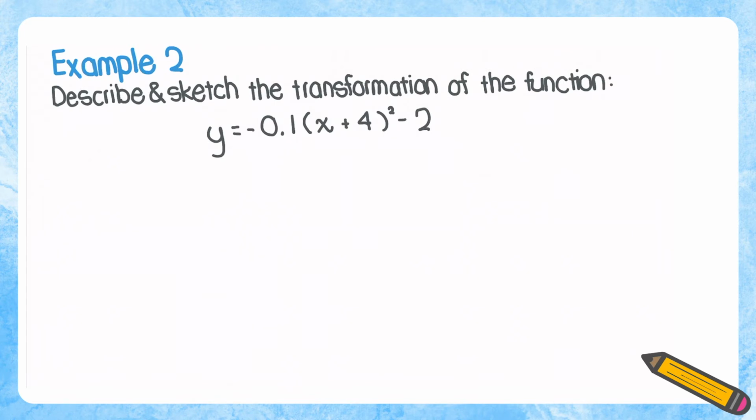For our next example, let's describe and sketch the transformation of the function y equals negative 0.1 times x plus 4 quantity squared minus 2.